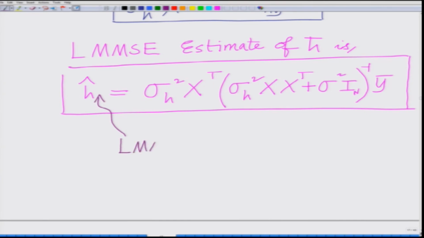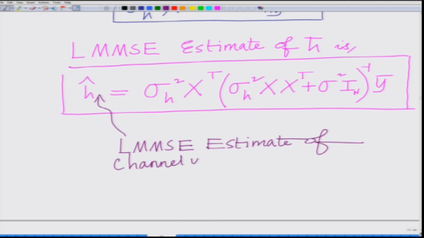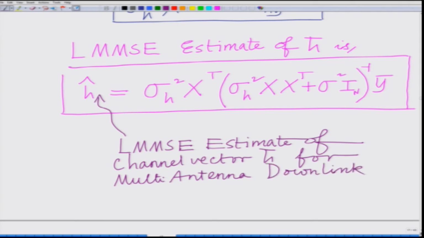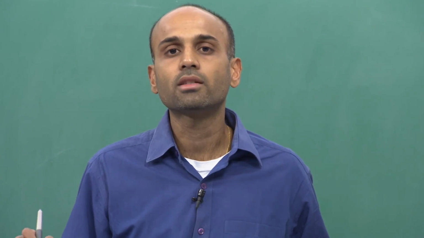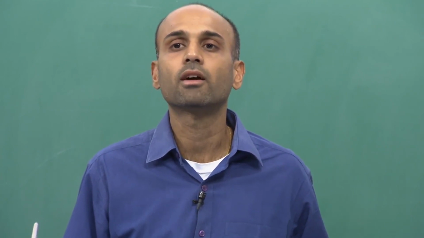LMMSE estimate of channel vector H bar for multi antenna downlink wireless channel estimation: H hat equals sigma H square x transpose times sigma H square x x transpose plus sigma square identity inverse times the vector y bar, where y bar is the observation vector.